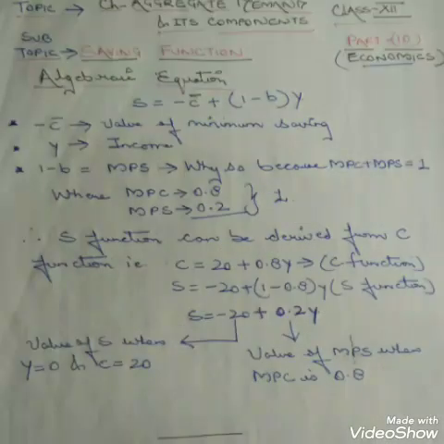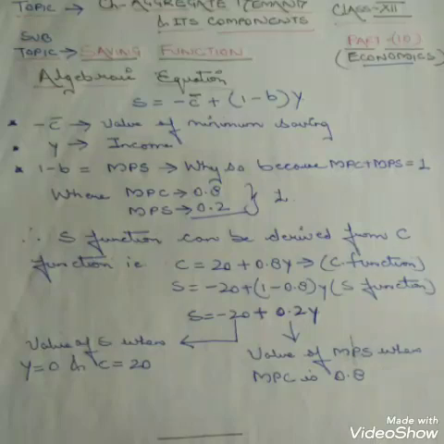Well children, you have to remember one thing: under the S function or saving function, a straight line has a constant slope, implying that MPS must be constant at all levels of income.